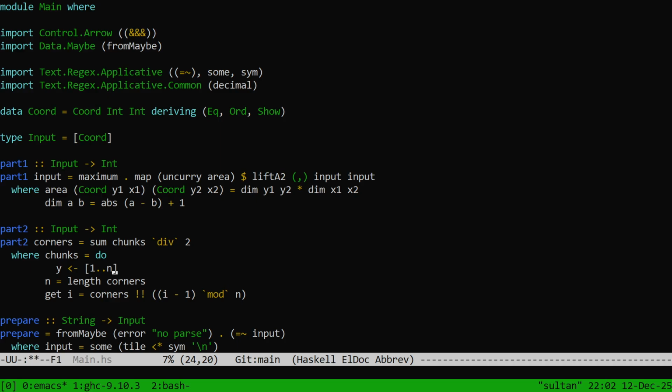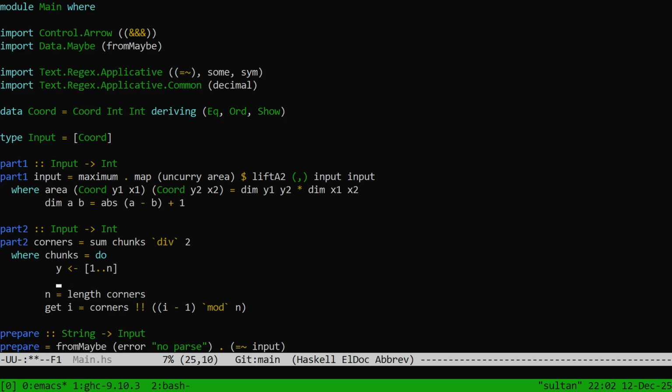So let's choose I from 1 to n. Oh, it's coming out so nice. It's going to look just like Wikipedia. I'm actually going to give these names y, x, int, so that I have accessor functions for them.